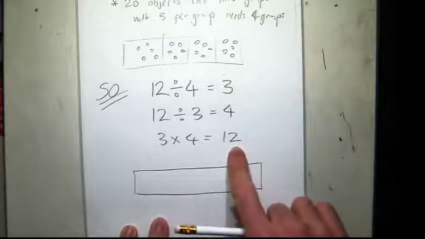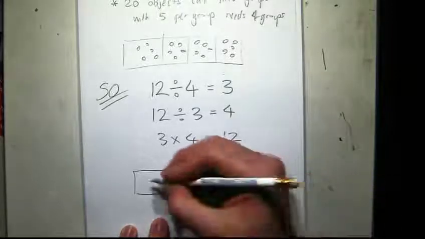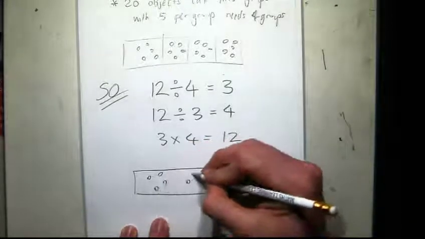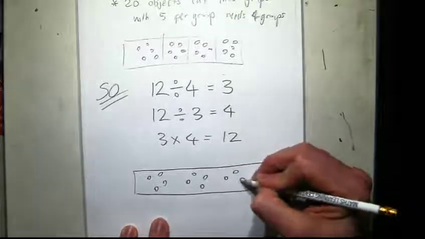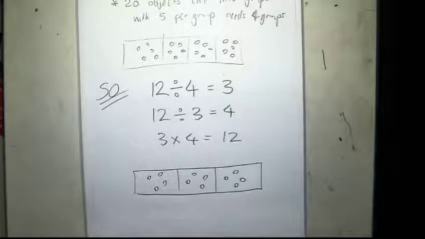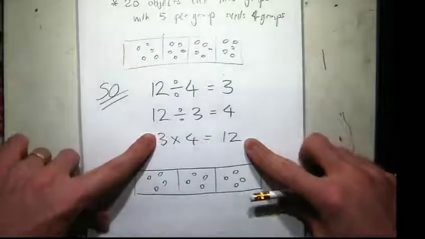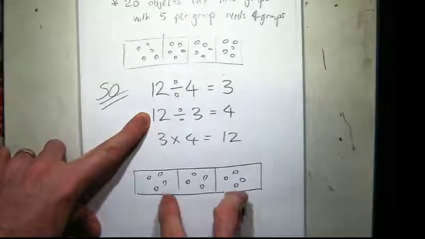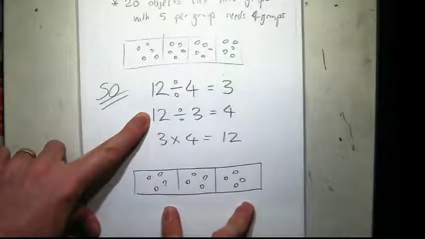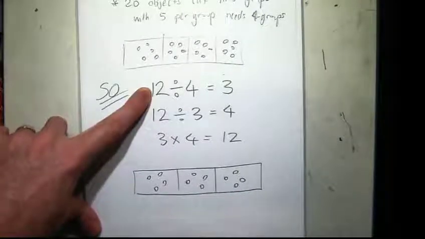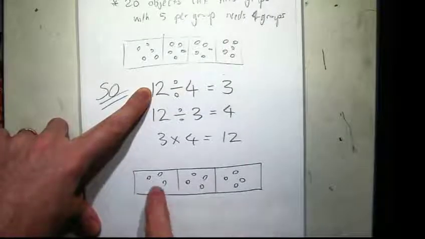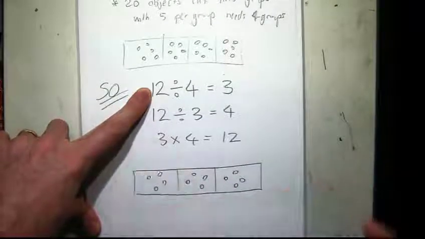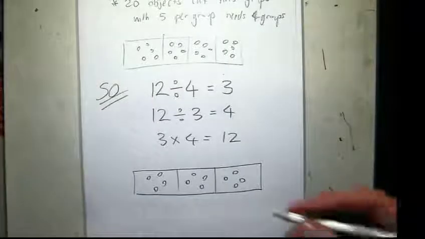Three times 4 equals 12 could mean 3 groups of size 4 making up 12 objects in total. 3 times 4 equals 12. 12 divided by 3, well, 12 cut into 3 pieces leaves me with 4 per group, 4 per piece. 12 divided by 4 could be 12 divided into groups of size 4 gives me 3 groups. Okay, so we have 12 total.